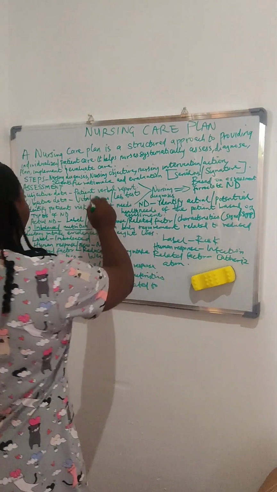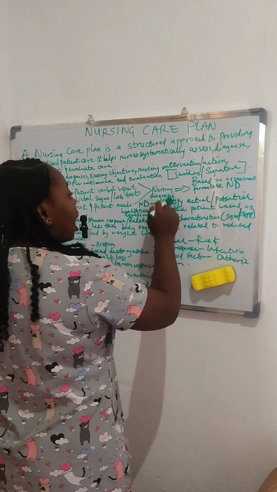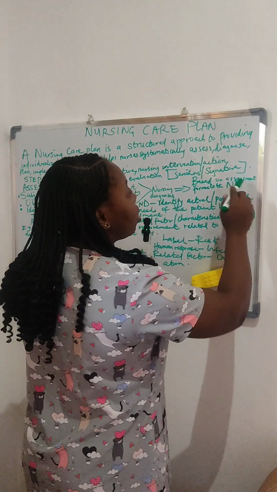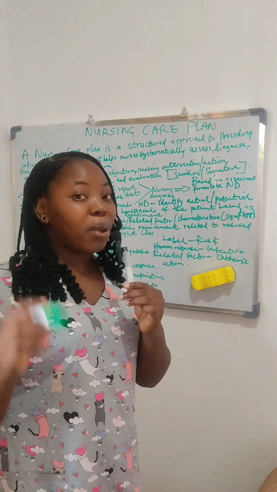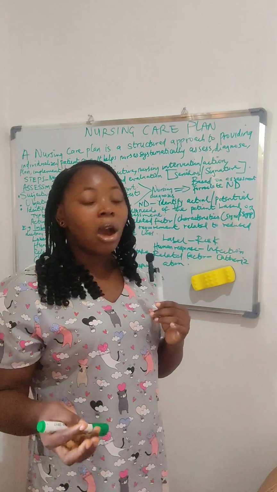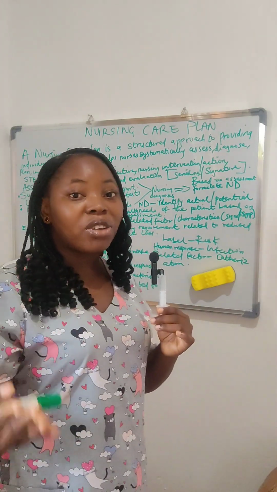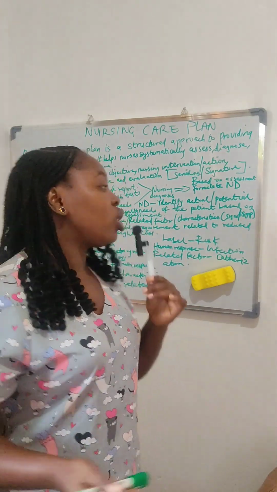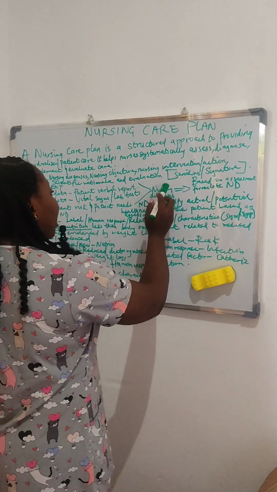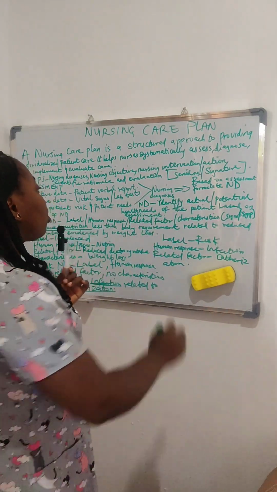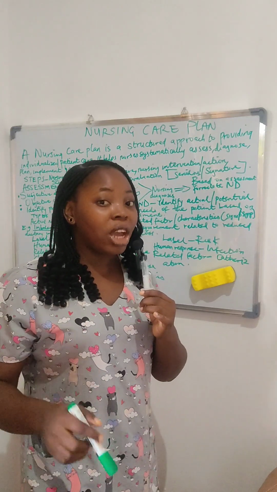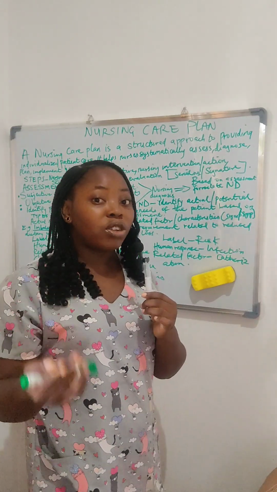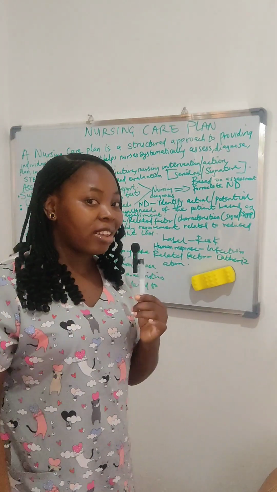With these three, you now form the nursing diagnosis based on what you've assessed, based on the collection of subjective data, objective data, the patient's risks and needs. Nursing diagnosis identifies actual or potential health problems of your patient based on assessment.